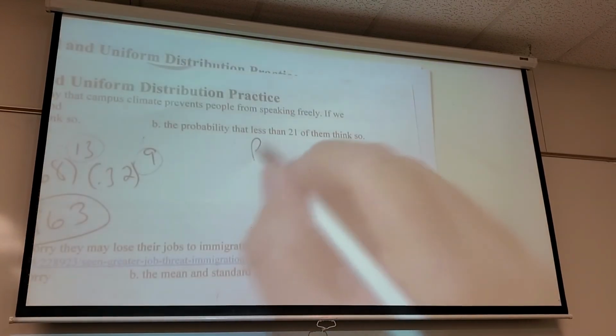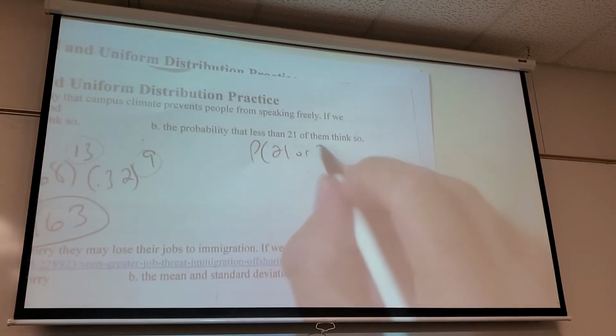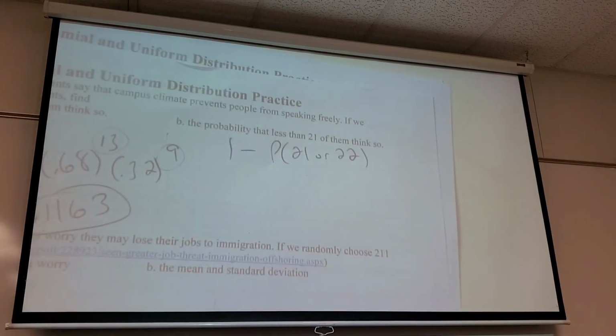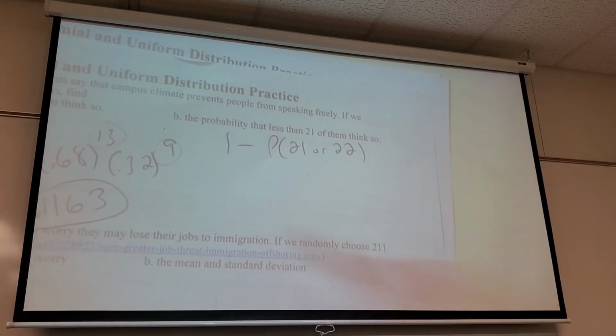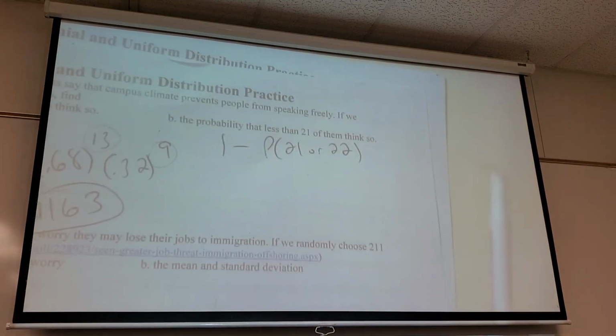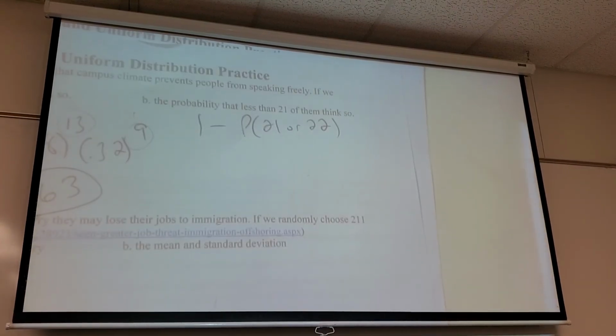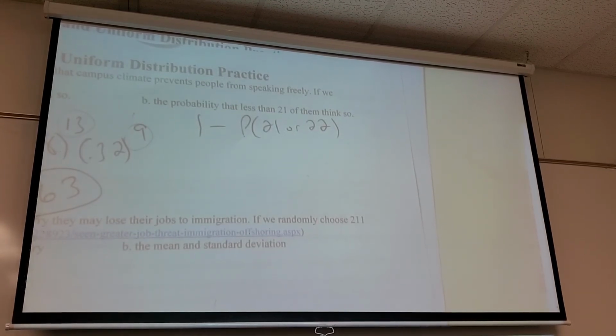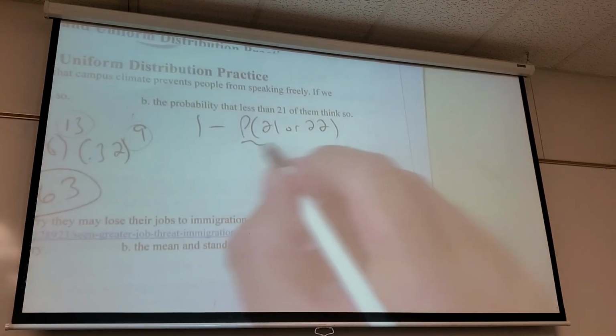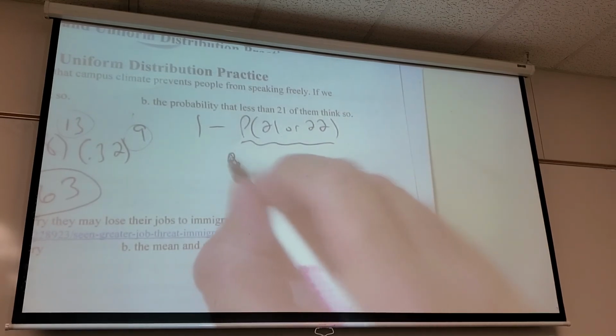So if I figure out the probability of 21 or 22, I just have to do 1 minus that to actually answer the question. So do the formula for 21. Do the formula for 22. Add those up, because it's or. And then subtract from 1, because that would be the opposite of what it wants.